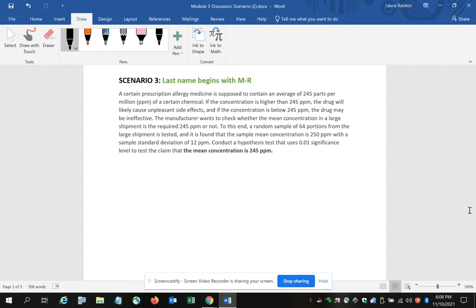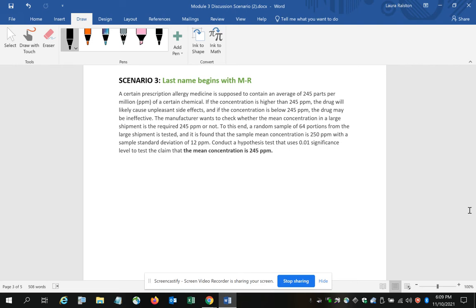The manufacturer wants to check whether the mean concentration in a large shipment is the required 245 parts per million or not. To this end, a random sample of 64 portions from the large shipment is tested, and it is found that the sample mean concentration is 250 parts per million with a sample standard deviation of 12 parts per million.